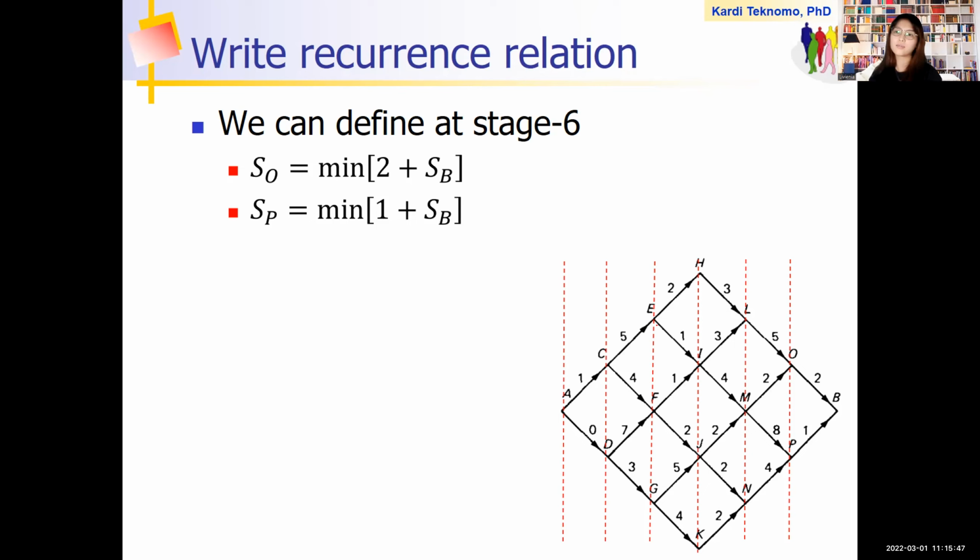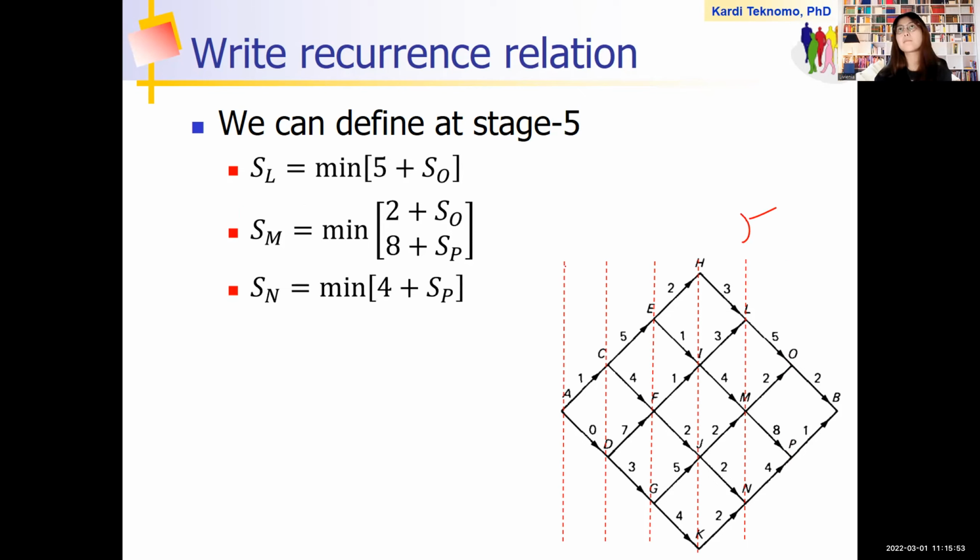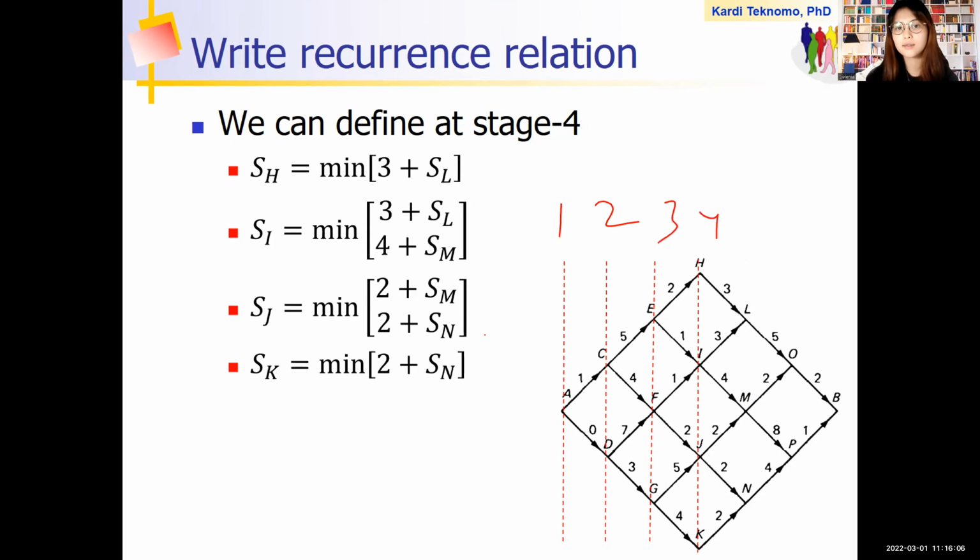Yes. If I already know SO and SP, can I go back here? SO and SP are already given, right? So can I calculate SL, SM, SN? Yes. And then go back again. SL, SM, SN already given, so can I calculate SH, SI, SJ, SK? Yes.